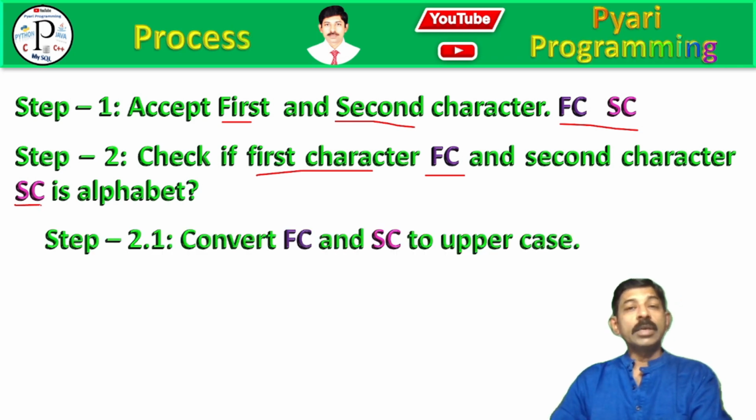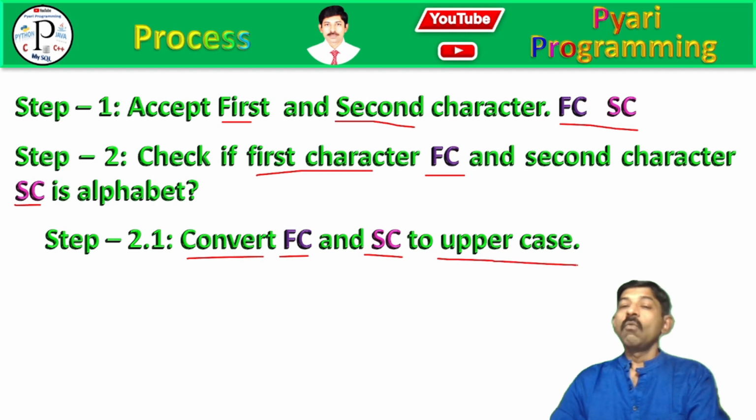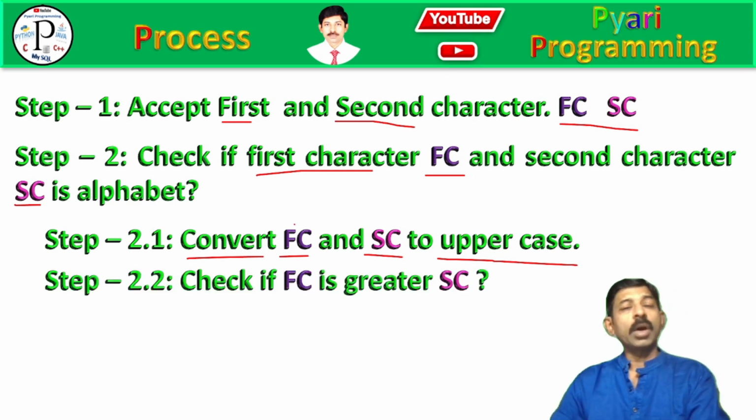Now if it is, then what should I do? I have to convert the first and second to uppercase. Why am I doing this? Because I need to check the bigger one. Which one is the bigger one? First one is the bigger one or the second one is bigger? If you are having a little bit of doubt about it, I will clear it while writing the program.